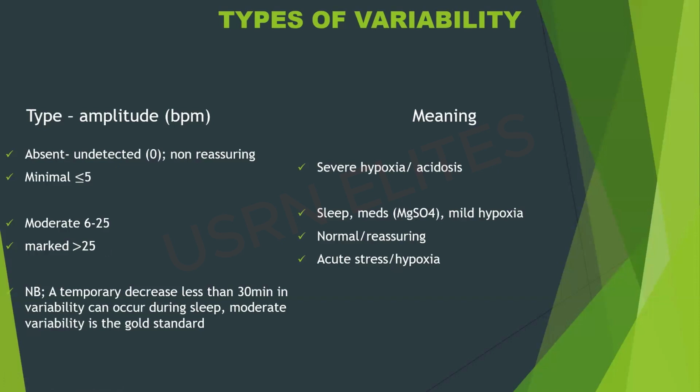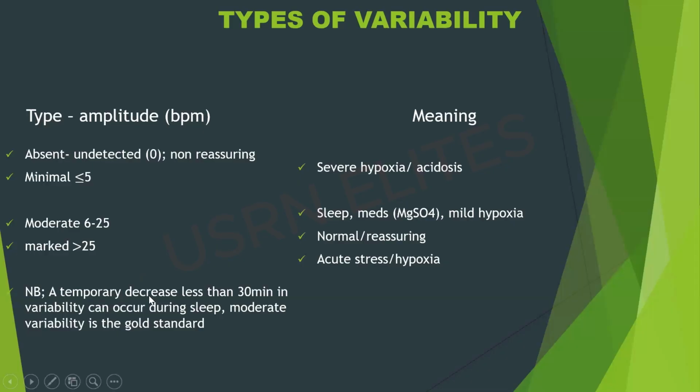The same thing. When the heart rate goes high, it means the fetus is in acute stress, or there's lack of oxygen. Once there's lack of oxygen, the heart will be pumping more, as it needs more oxygen to the cells. That is what happens mostly.